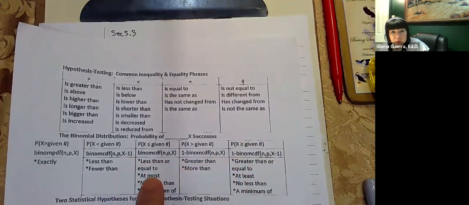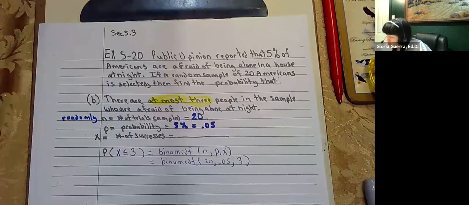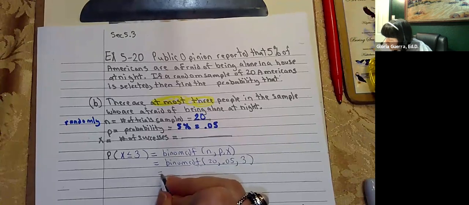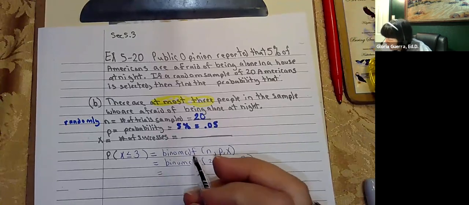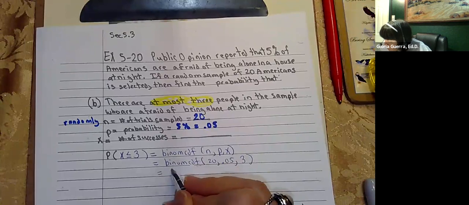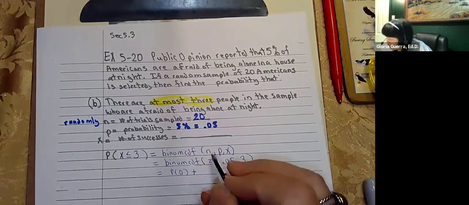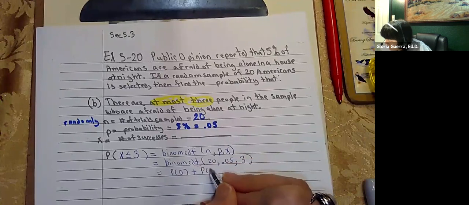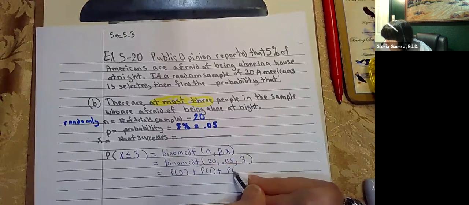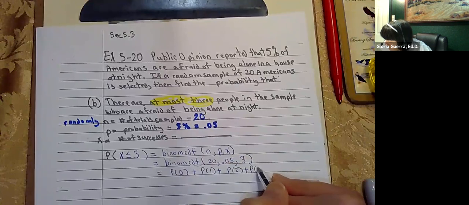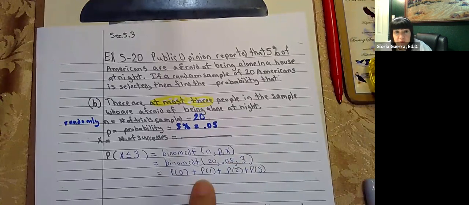Yours didn't, okay? And so what this means is, what are we finding? We're finding, and it's not a complement. So CDF starts from 0. So you're finding P of 0 plus P of 1 plus P of 2 plus all the way to P of 3. That's what you're finding. Okay.